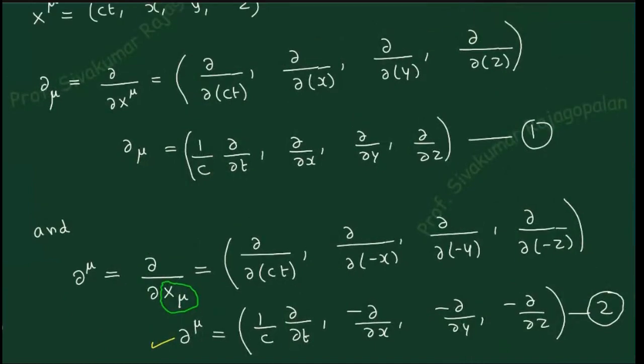Here it is. See, this is the portion that you have to remember. So if you remember this expression, now you see that 1 by c dou by dou t has to come. Okay, 1 by c dou by dou t should be the operator. That operator is operating on whatever element that you have. So therefore, 1 by c dou by dou t should be there, and then whatever is left out in this box or in this circle, for example, that is the component.